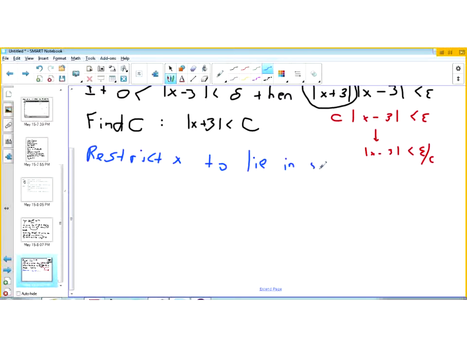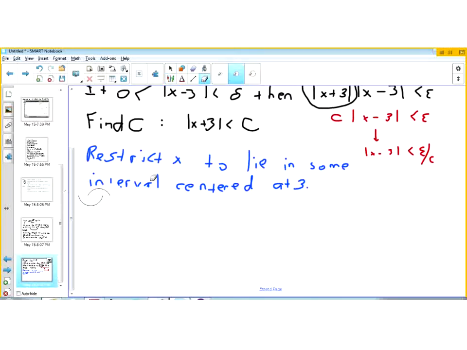Restrict x to lie in some interval centered at 3. Okay, do that.